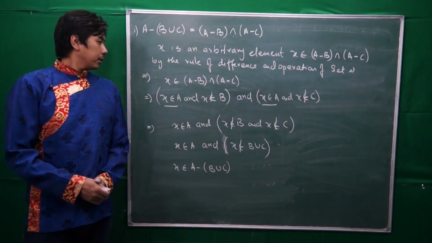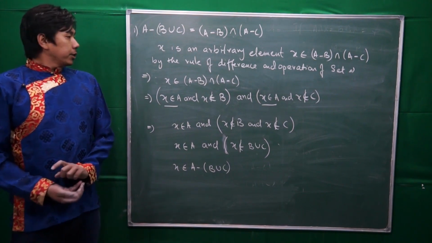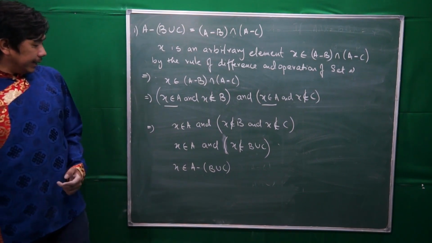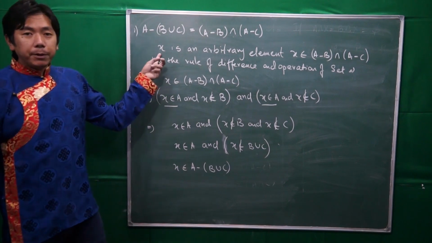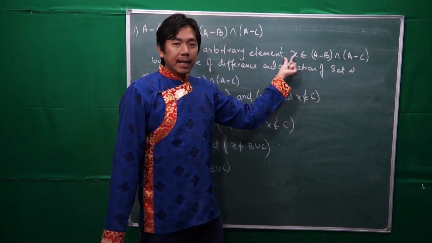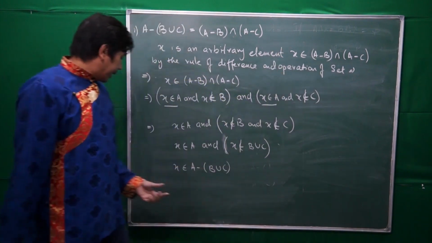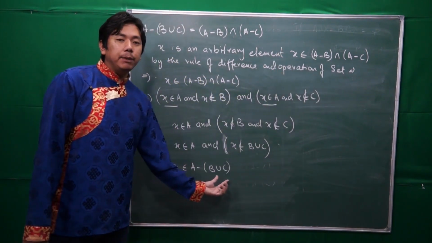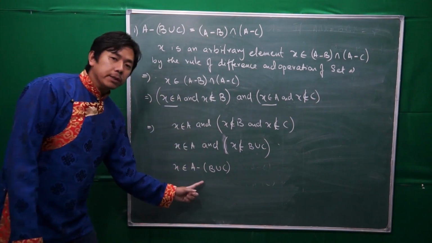All right. Clear? So from this line, we can see clearly that X is an arbitrary element of this set, but this element is also an element of A minus B union C through this process.